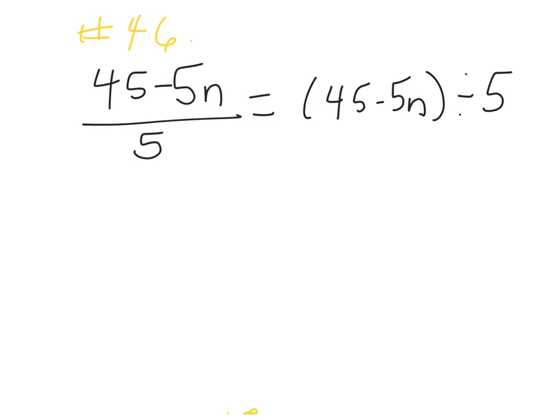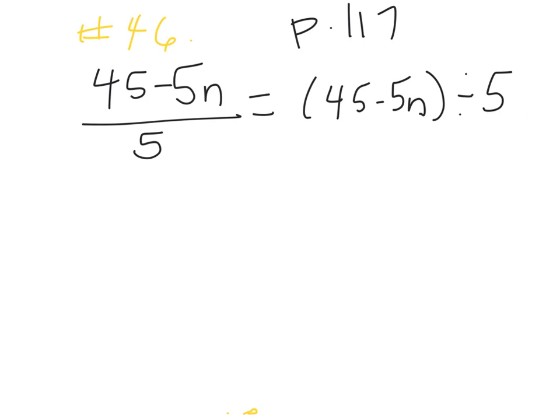So let's look at another one, number 46, which I think is on page 117. It's 45 minus 5n over 5. We took this division problem and wrote it out like this. That's very important to do with all of these that are like this.